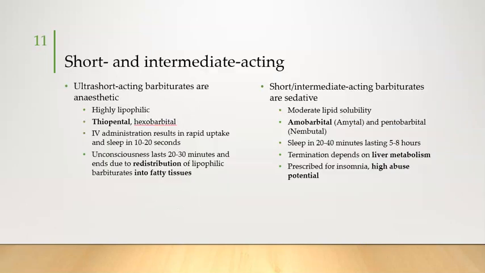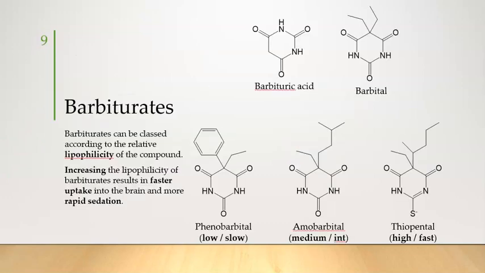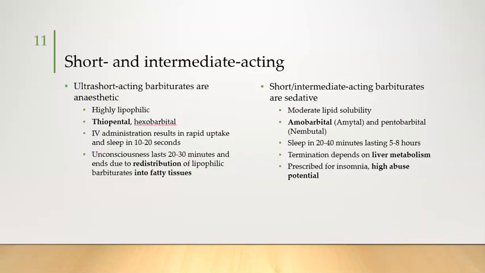Okay? So we've got short-acting and intermediate-acting barbiturates. Short-acting means it gets taken into the brain quicker. So if we go back here, fast uptake would be short-acting barbiturates. They're going to enter the brain quickly and leave the brain quickly.